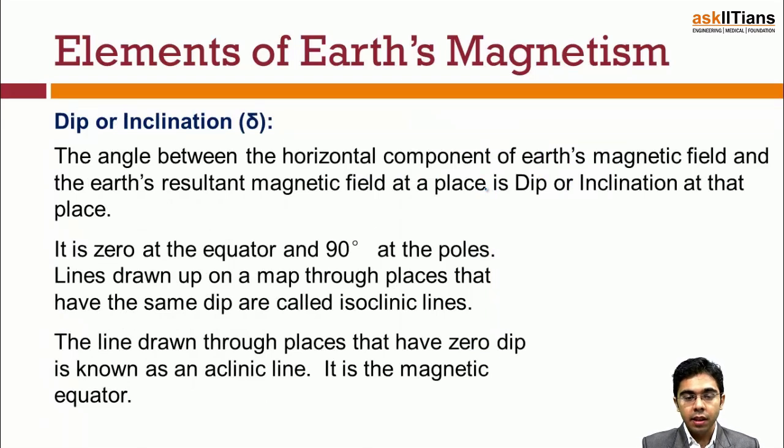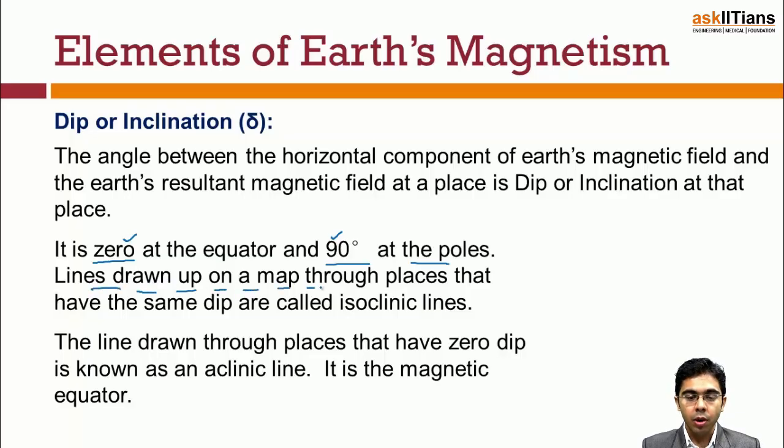It is zero at the equator and 90 degrees at the poles. We'll check diagrammatically in this part how it comes out to be 0 and 90 degrees.